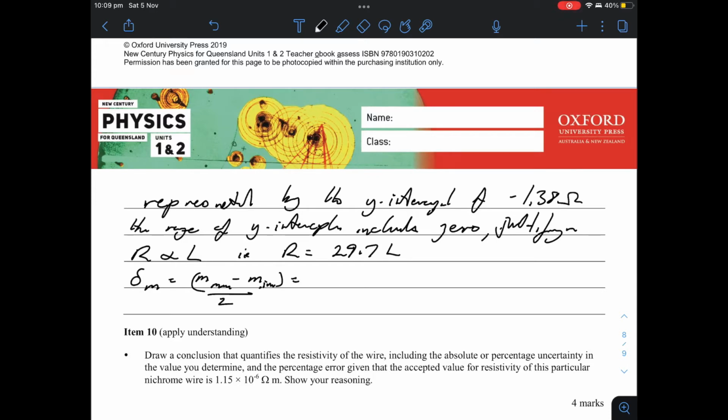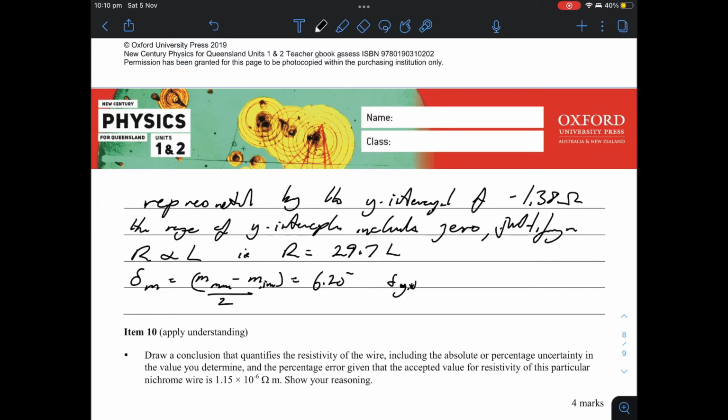Actually we have a little plus or minus on that equation, but that's okay. Taking those numbers, we get our slope uncertainty to be 6.25 ohms. Units should be ohms per meter, but that's probably here.